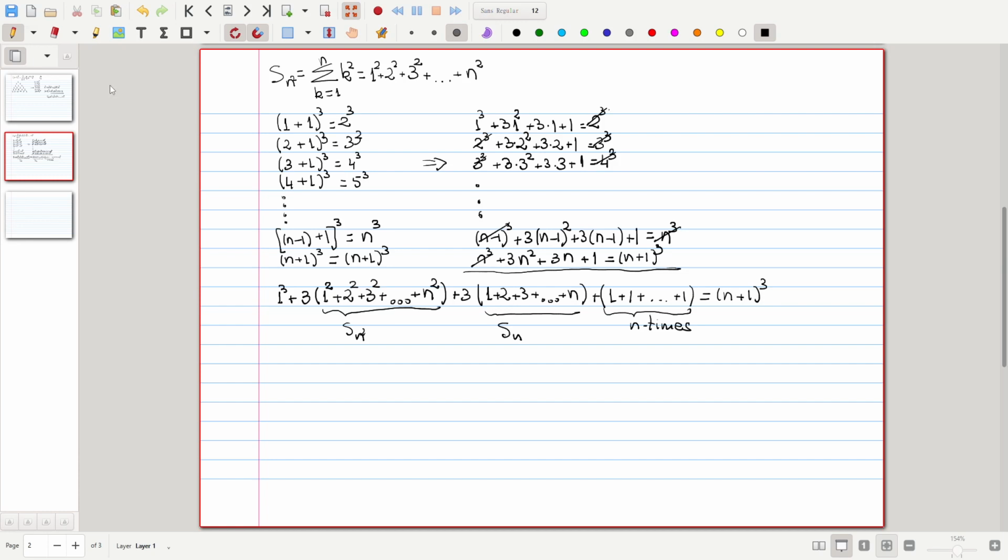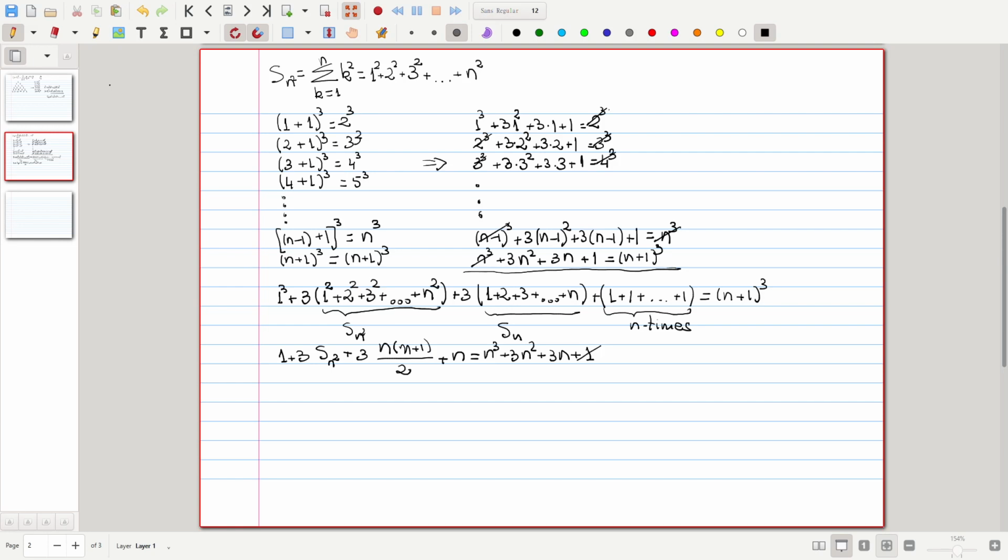So I will write something like 1 plus 3 Sn squared plus 3 multiplied by n times (n plus 1) divided by 2 plus n, and I will expand (n plus 1) to the cube, so it's n to the cube plus 3n squared plus 3n plus 1.